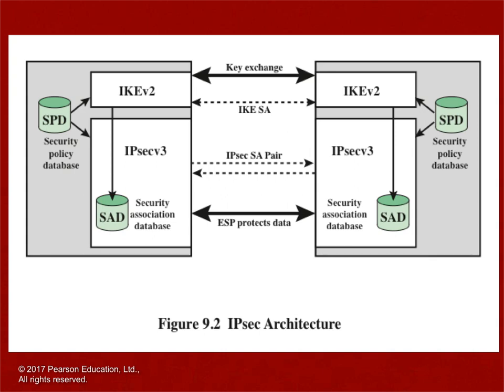How would we identify an application? We identify an application by an application layer protocol, like HTTP or SMTP. But a specific application instance we identify by the port, by the TCP port or the UDP port. So we can provide a policy based on a port, which means we apply a policy on a particular application.